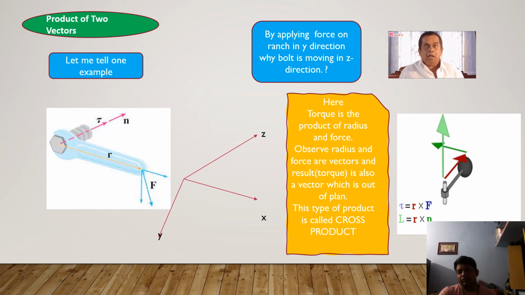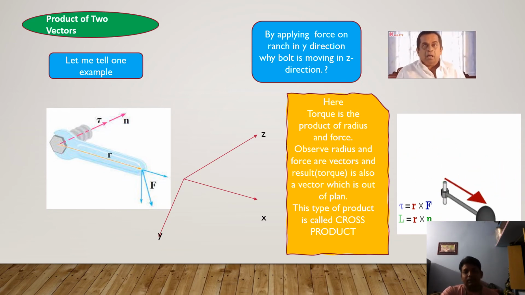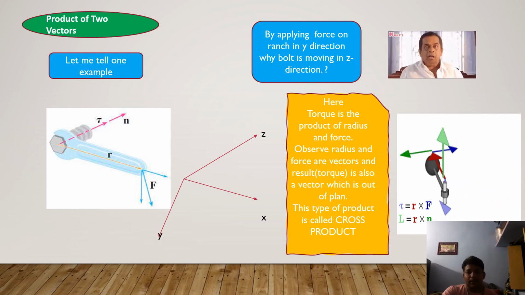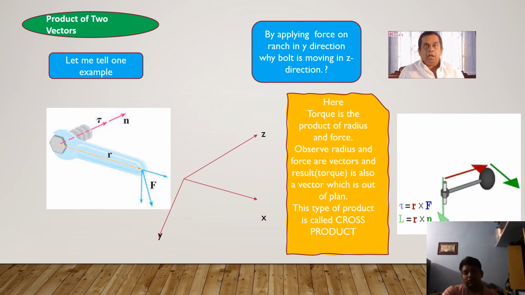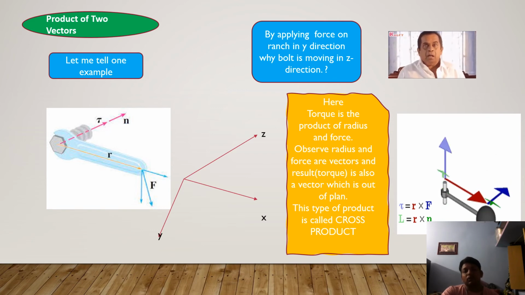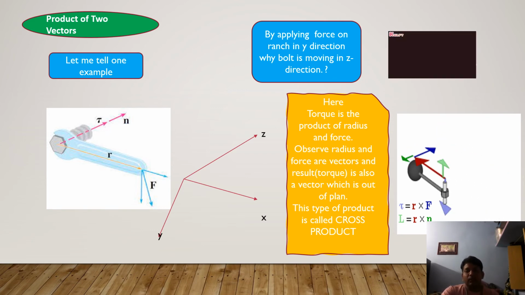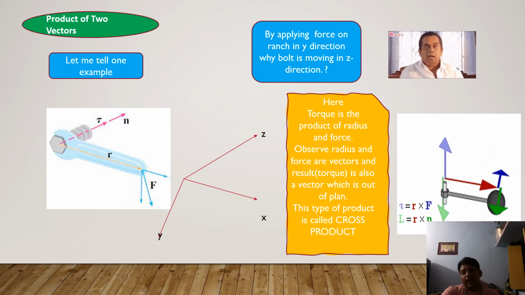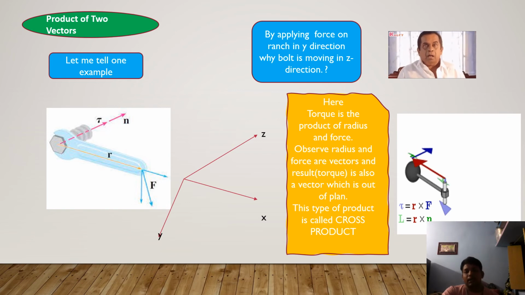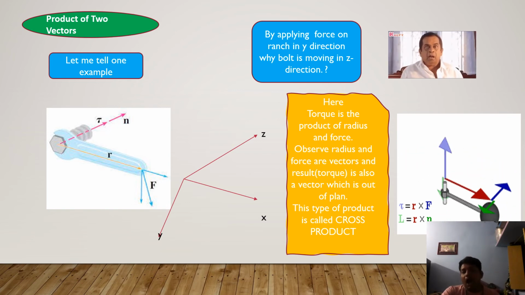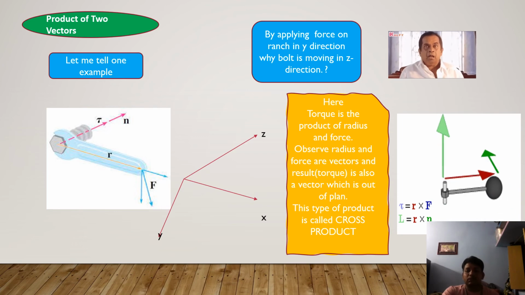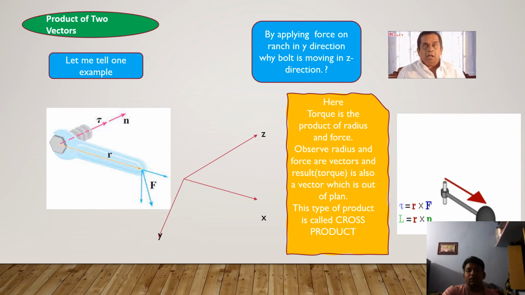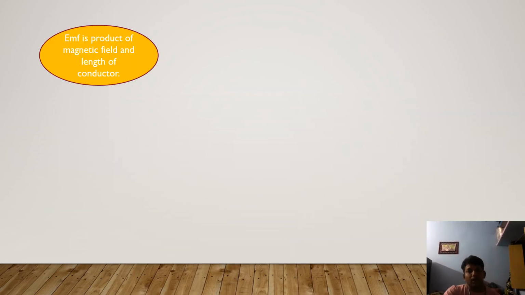The direction of the torque is out of the plane of the radius vector and force vector. Here the product of two vectors gives a vector. Such a type of product is called cross product. Here R cross F is equal to torque, which is out of the plane of the radius vector and force vector.